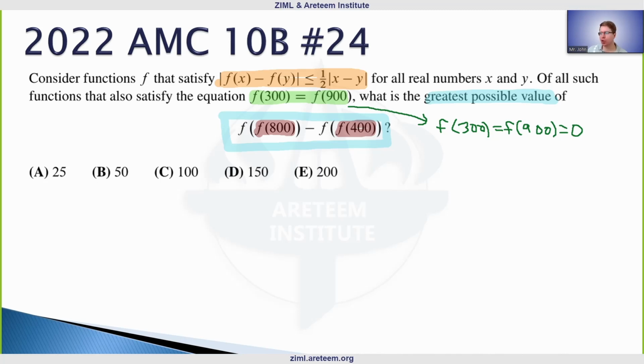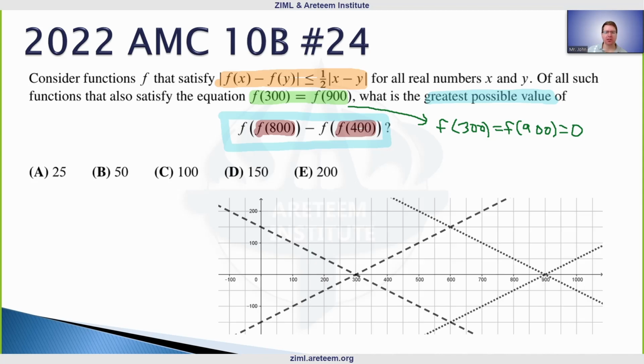Remember, we can interpret this graphically as well. So let's look at some graphs here. Remember, we said this is thinking about slopes. So let's interpret these things as slope.